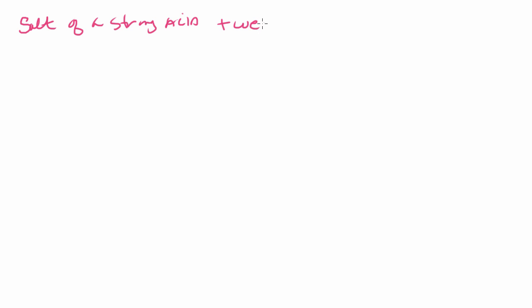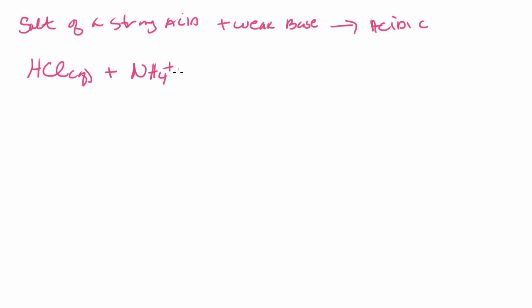Let's take a look at the situation where we have the salt of a strong acid plus a weak base. And what we're going to end up with is an acidic solution. We have hydrochloric acid plus ammonia. So what we're going to end up with is ammonium ion plus chloride ion.